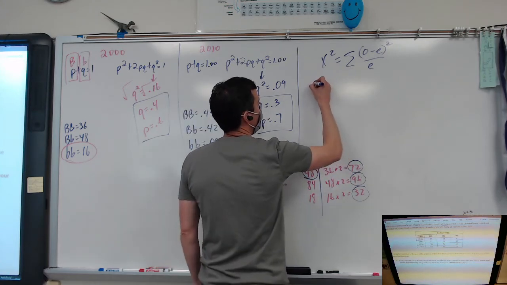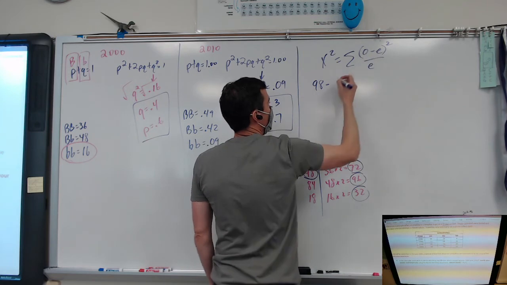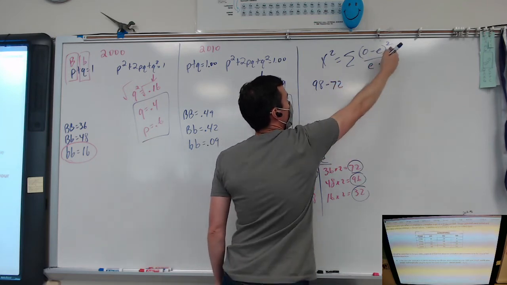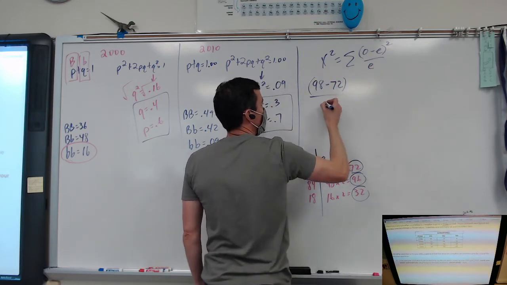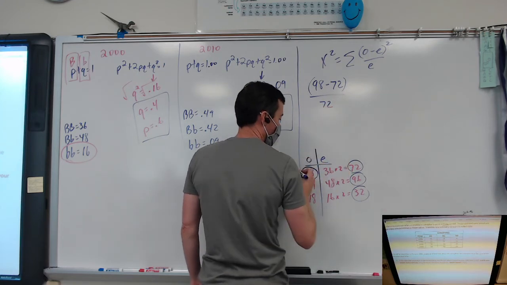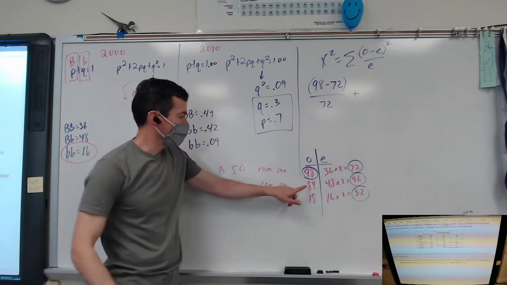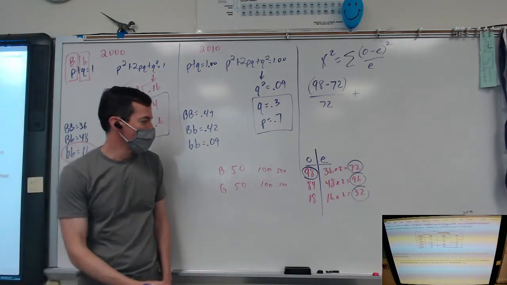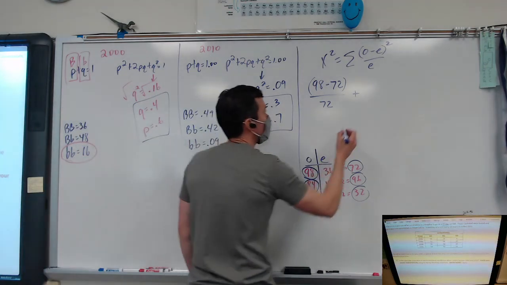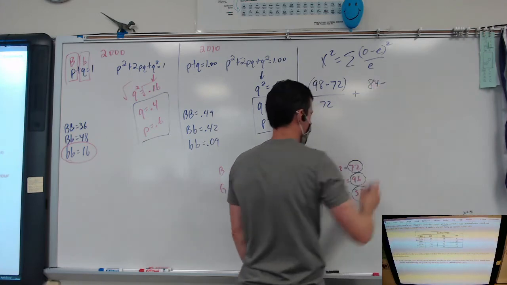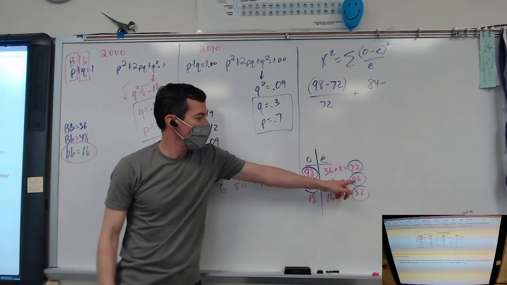So I observed 98 minus my expected of 72, I square it over my expected of 72. That guy's done. My next fraction is line number 2. I observe 84. I expected 96.